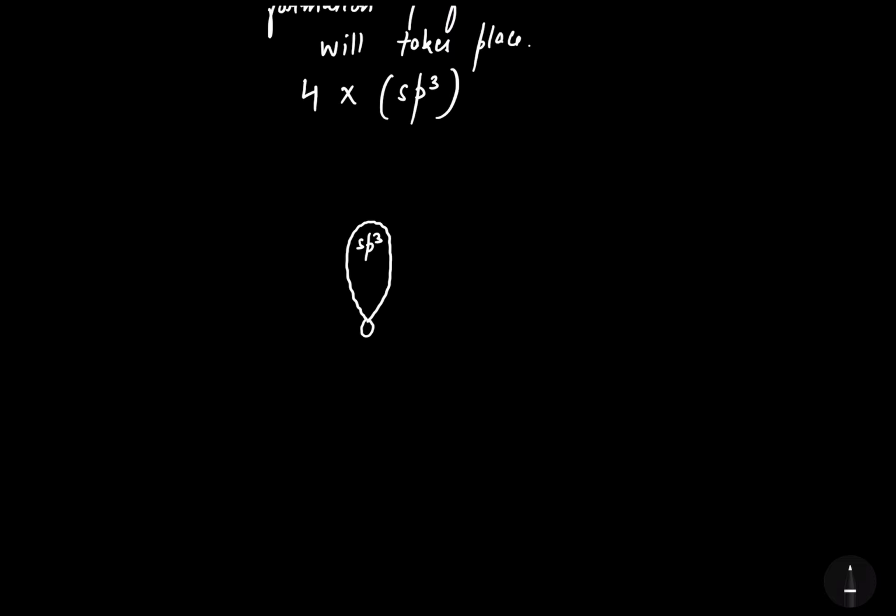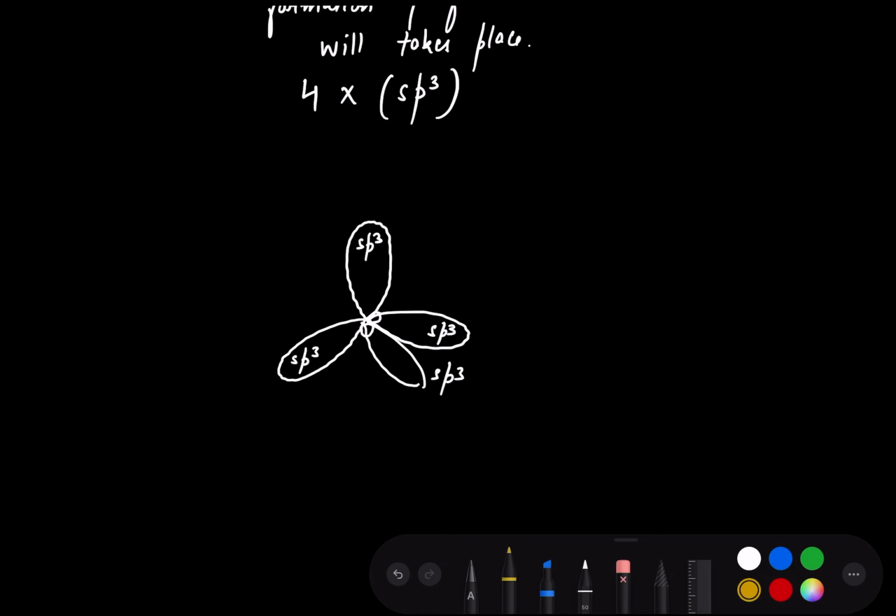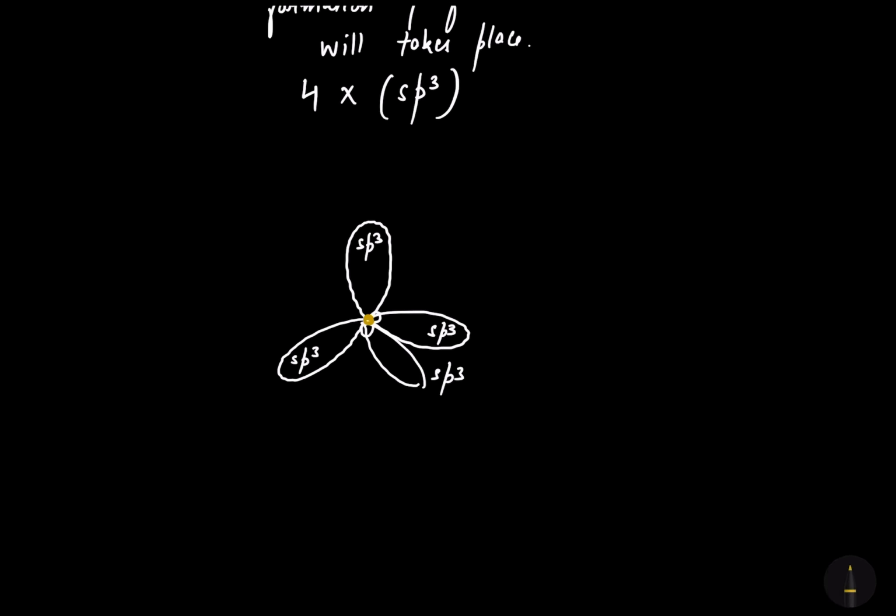Here are the big lobe and small lobe. That's again sp3, that's again sp3, and that's again sp3, and in the center we have the nucleus of carbon.